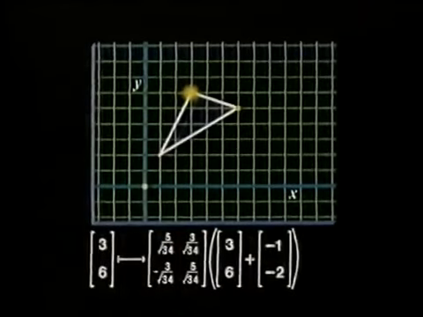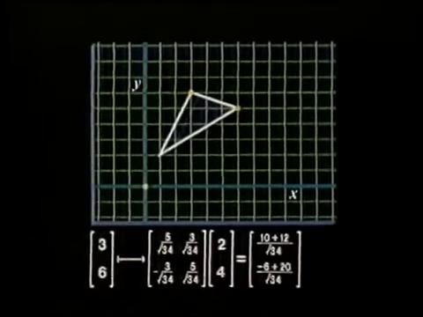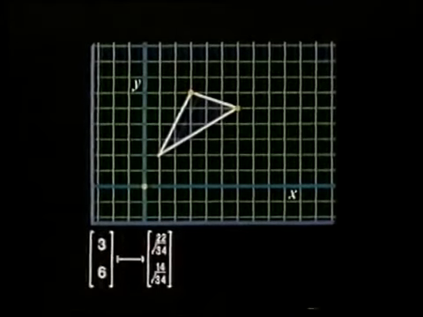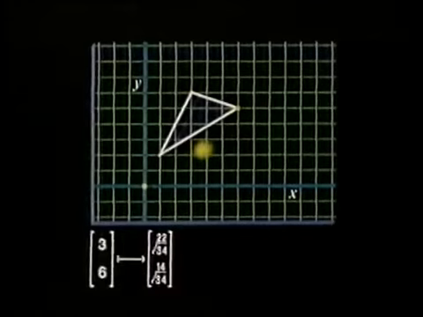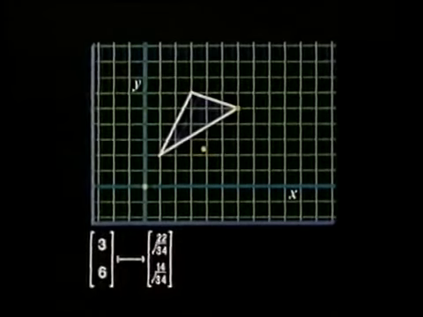Now for the vertex 3, 6. Addition yields 2, 4, and multiplying out gives this, which simplifies to this, and finally to this, which corresponds to this point on the diagram. Well, that's 2 of our vertices transformed.